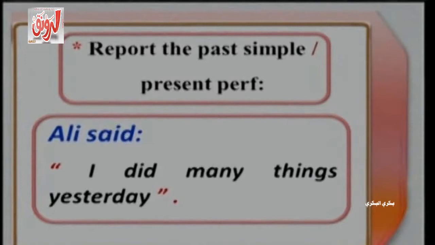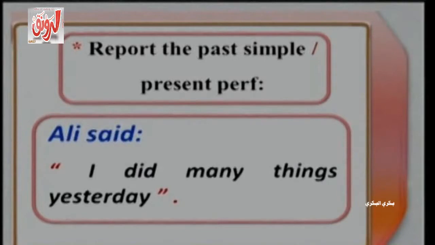See the examples below. Ali said, I did many things yesterday. What are the actual words of Ali? I did many things yesterday. These are Ali's words, and they are written in the past simple.